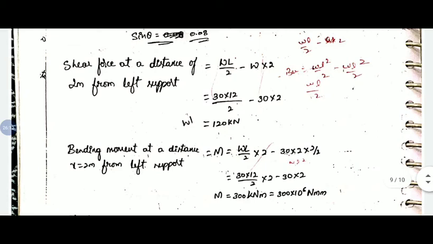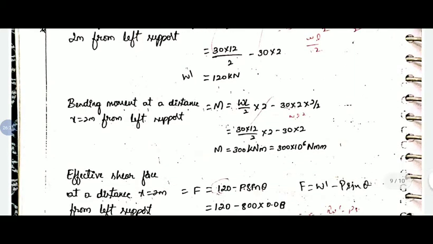Now bending moment at the distance of 2 meter from left support with respect to dead load and live load: WL by 2 into 2 minus W into 2 into 2 by 2 for UDL. So we will get 300 kilonewton meter as the moment with respect to dead load and live load at that particular 2 meter section from left support.